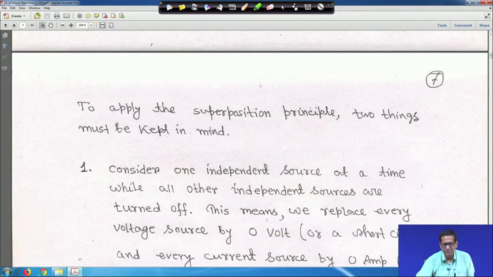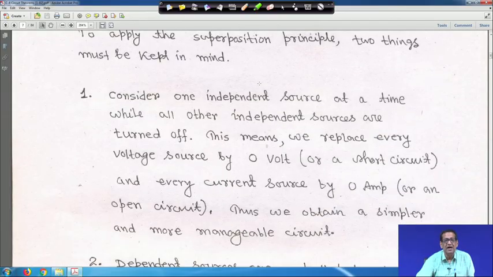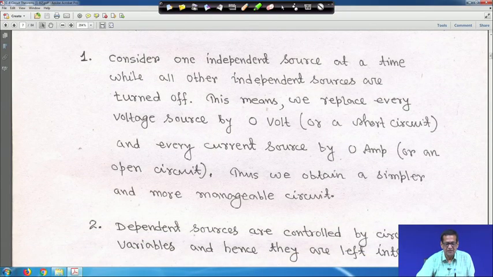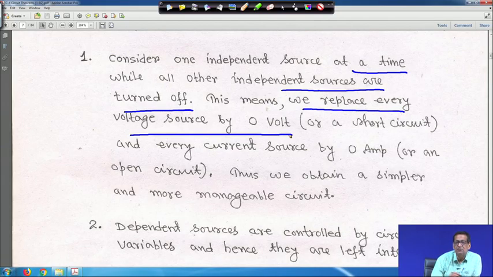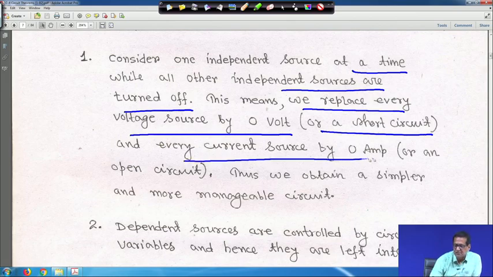To apply superposition, two things must be kept in mind. One, you consider only one independent source at a time, and all other independent sources are turned off. This means we replace every voltage source by 0 volt, that is, a short circuit, and every current source by 0 ampere, that is, an open circuit.